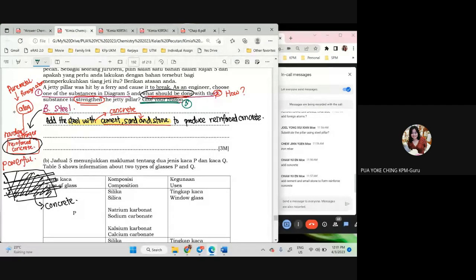Okay, so your point 3 is just that reinforced concrete is harder and stronger.